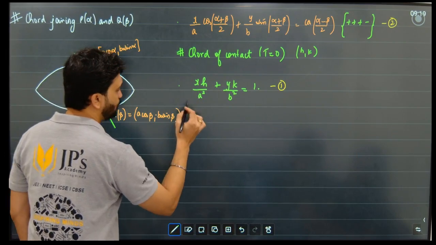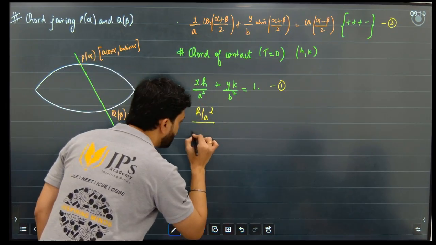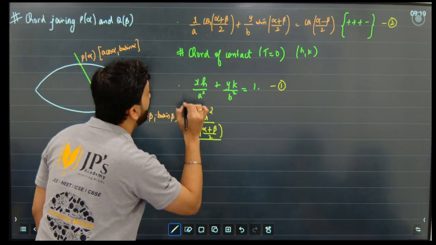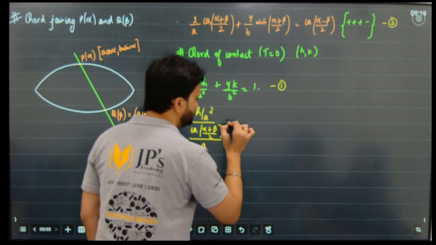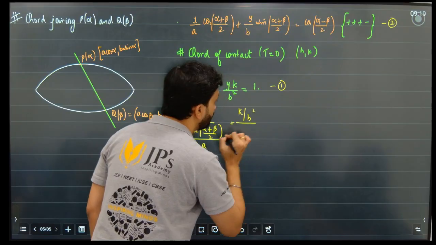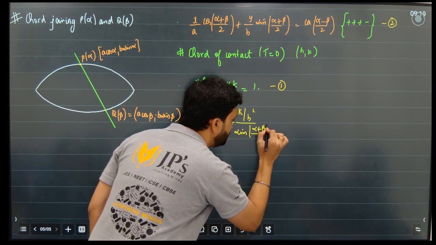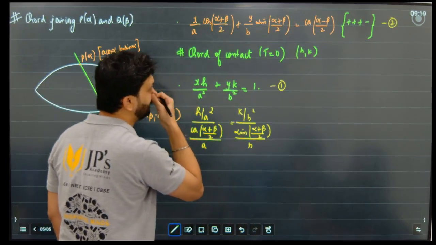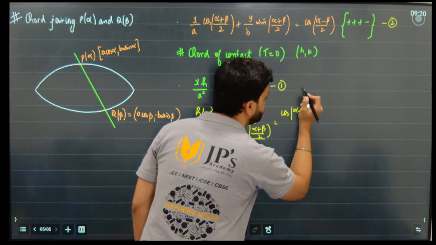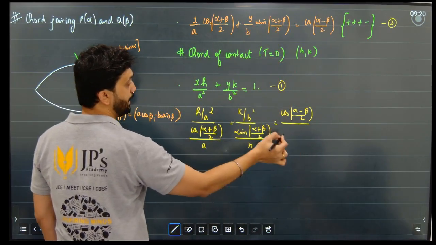Complication here रहेगा. The coefficient of x is h upon a square. The coefficient of x is cos alpha plus beta by 2 upon a, and k upon b square equals sin alpha plus beta by 2 upon b, equal to cos of alpha minus beta by 2, and here I have 1.